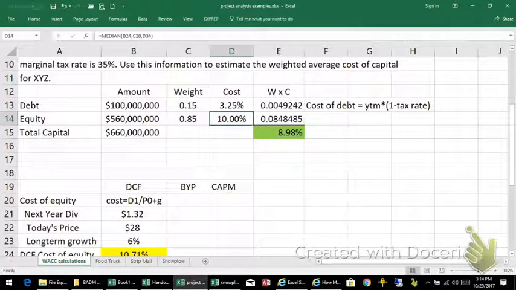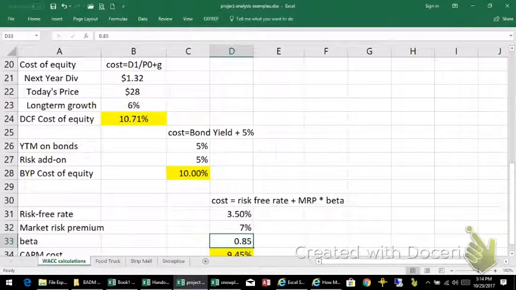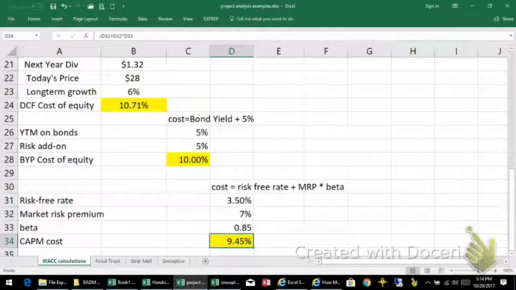We have 3 different methods of calculating the cost of equity capital, and any one of them is preferable based on individual choice. In the real world, for large companies, they tend to use the capital asset pricing model simply because it's usually more conservative.